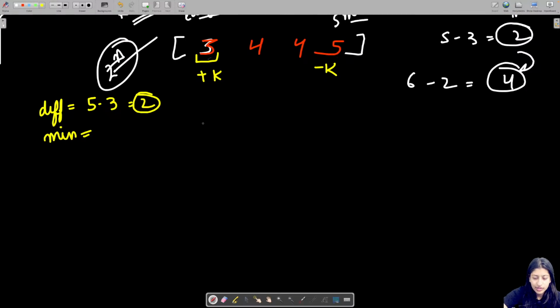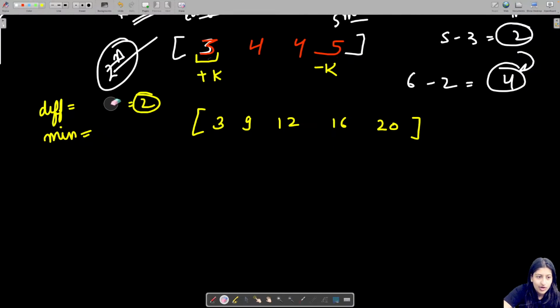My idea here is that first of all you calculate the difference right now between the largest and the smallest one, which is 20 minus 3. So you got 17 as your difference.